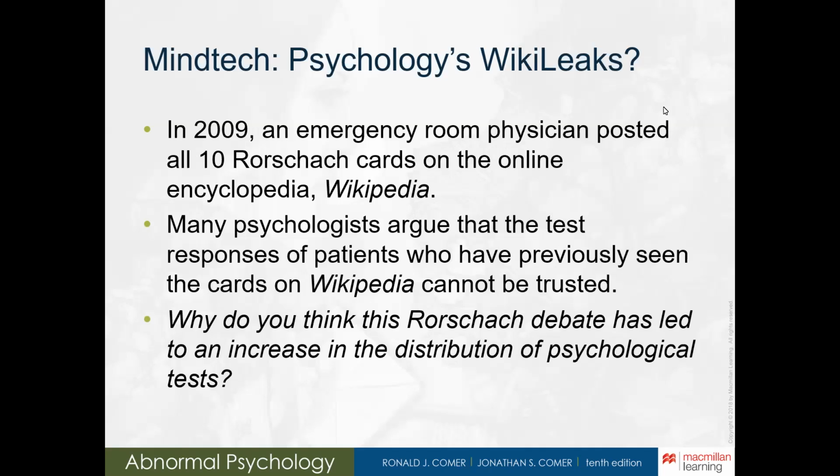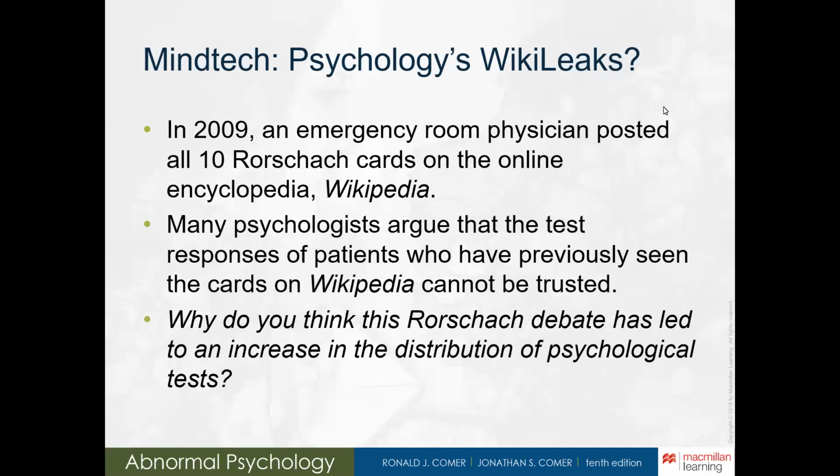Something else to think about too is that in 2009, there were some leaks, so to speak. In an emergency room, there was a physician who had posted all 10 of the Rorschach cards on Wikipedia. Many psychologists argue that the test responses of patients who might have gone to Wikipedia to see these Rorschach cards, which were once guarded and protected, can't be trusted because now they've been able to see information about it.